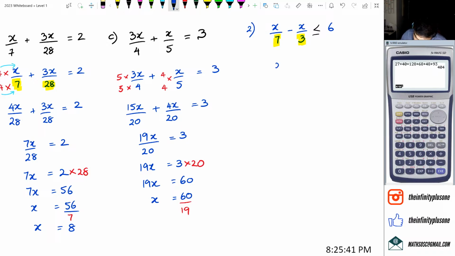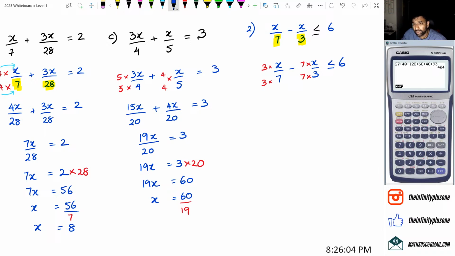So I'm going to write down x over 7 minus x over 3, and multiply the denominator by 3 and the numerator by 3. And for this one, I'm going to put 7 times at the top and bottom. Of course, this is all less than or equal to 6.